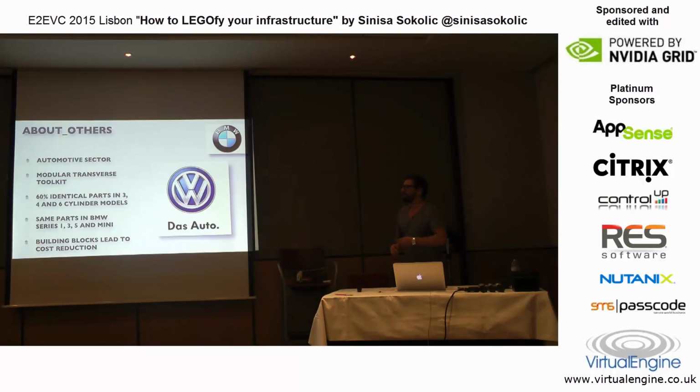If you look at the automotive sector, we started many years ago with construction lines where people were creating cars out of unique parts. Later on, this was done through robots. Today we have new concepts. Volkswagen, for example, has a concept named Modular Transverse Toolkit.